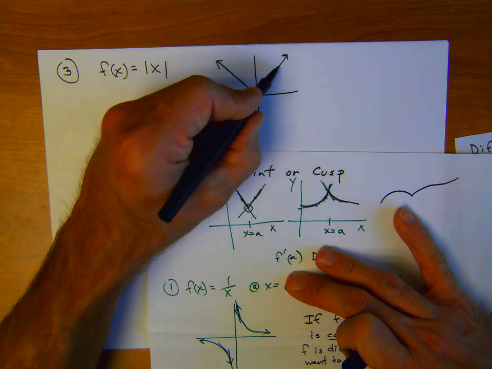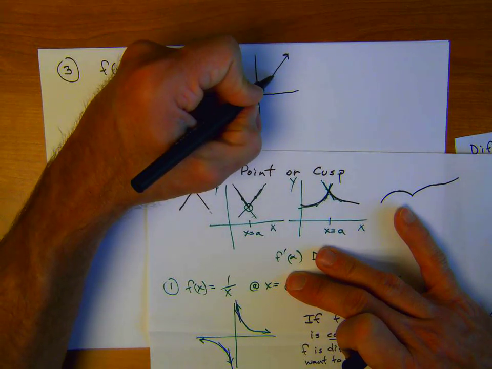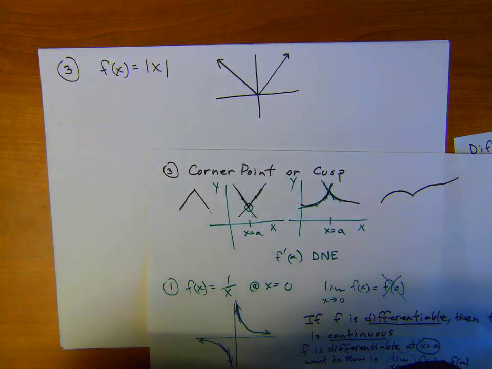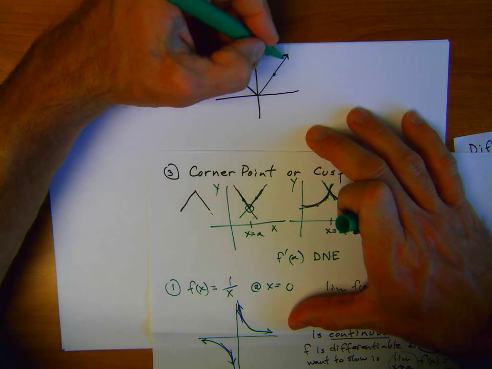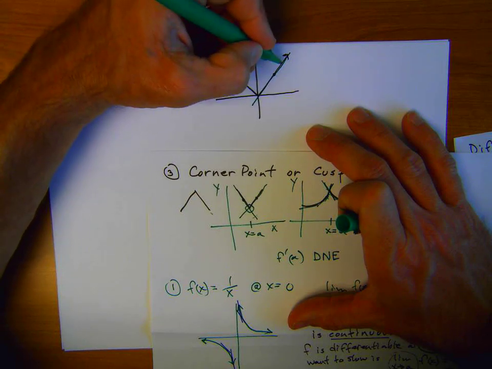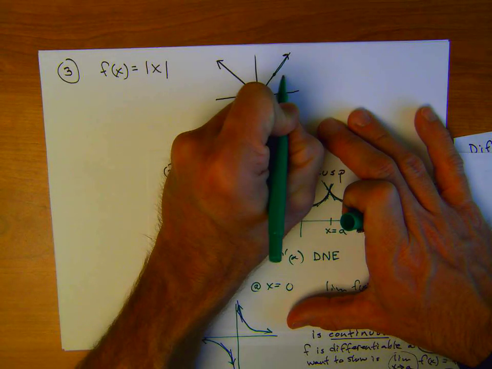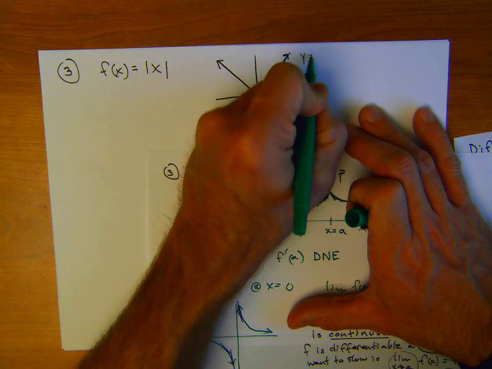Any line drawn tangent to this part right here would actually be right on top of the same line. So the slope of the tangent line is the slope of the line, and out here the slope is 1 because this part of it is y equals x.